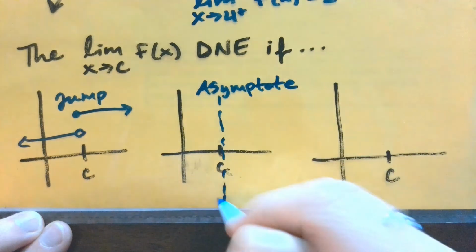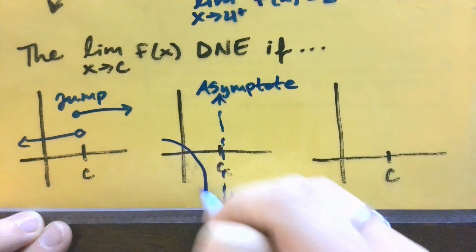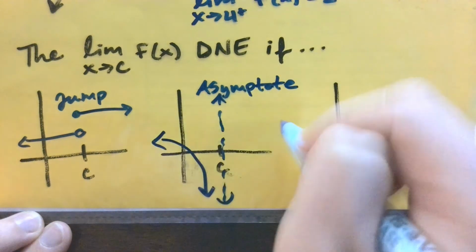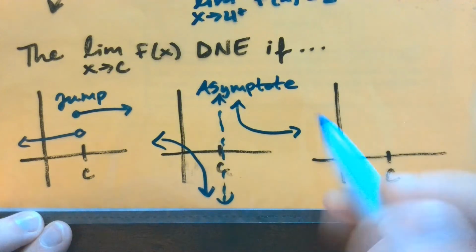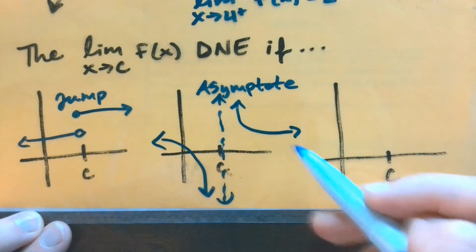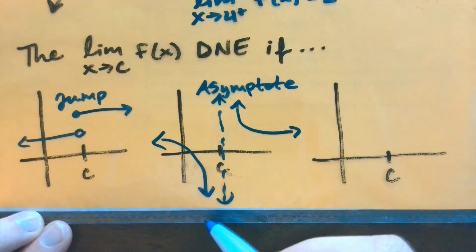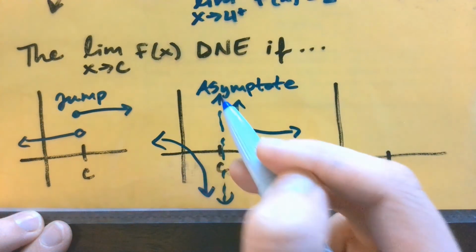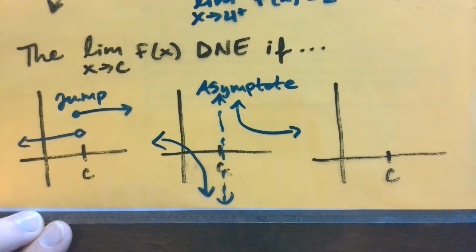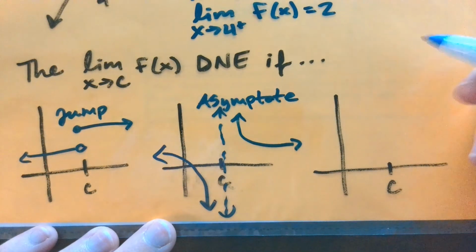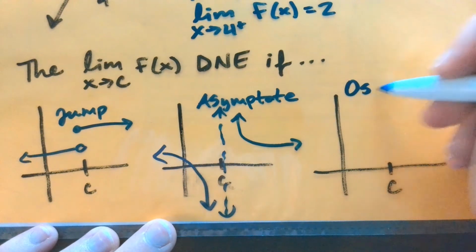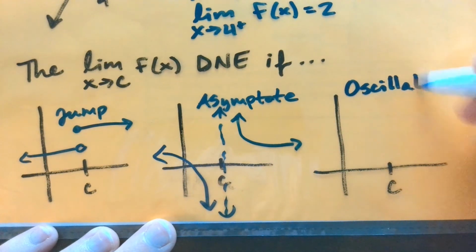So if there is an asymptote, then we could have something like this where it's approaching a negative infinity from one side, a positive infinity from the other side. If it is approaching a negative infinity from both sides or a positive infinity from both sides, we can either say that it doesn't exist because it's not approaching a value, or we can say positive or negative infinity. The last reason that a limit could not exist is less common, but still a reason that it could not exist.